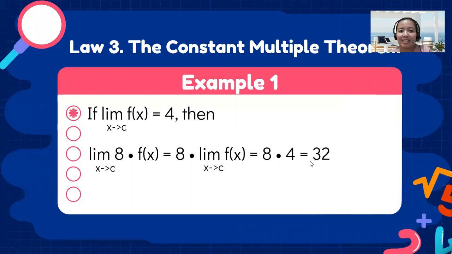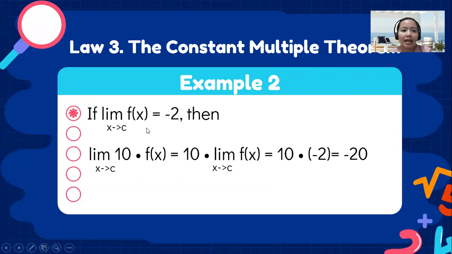Let's proceed to example number 2. If the limit of f of x as x approaches c is equal to negative 2, then the limit of 10 times f of x as x approaches c is equal to 10 times the limit of f of x as x approaches c, which is equal to 10 times the value of f of x, which is negative 2.